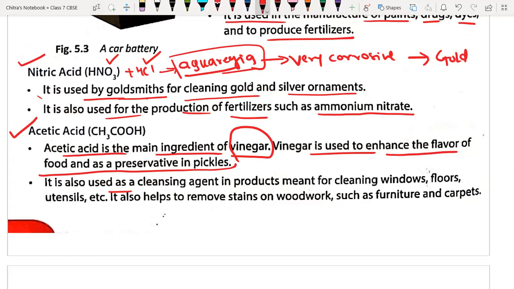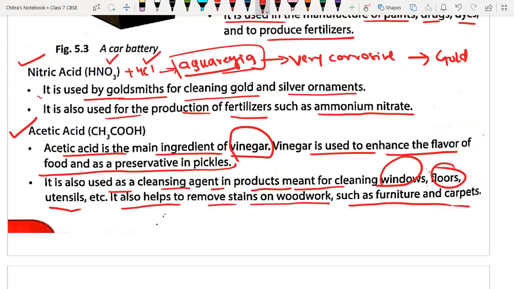It is used as a cleansing agent for cleaning windows, floors, and other utensils. It also helps to remove stains from woodwork, such as furniture and carpet.